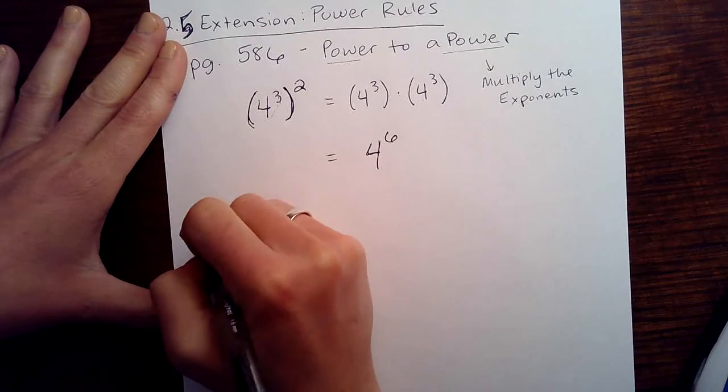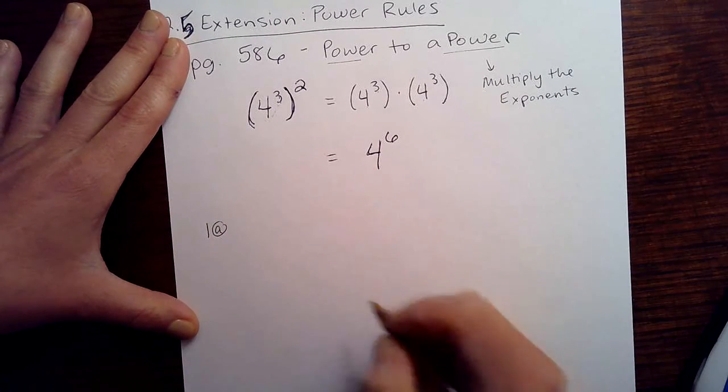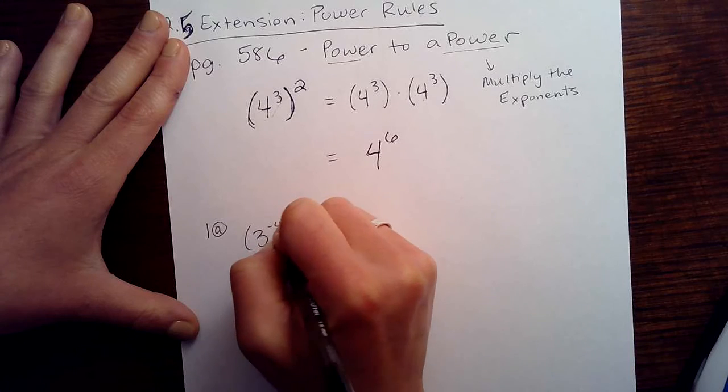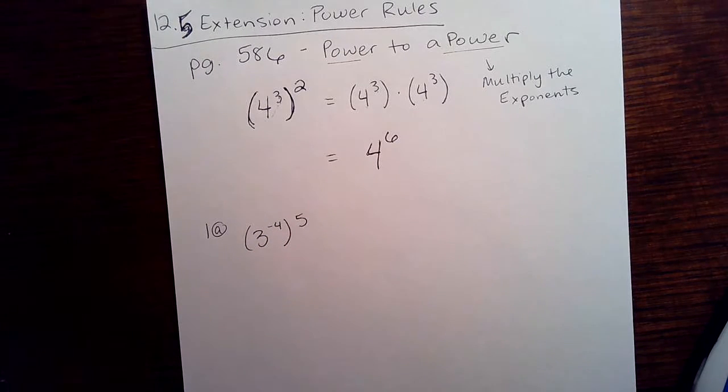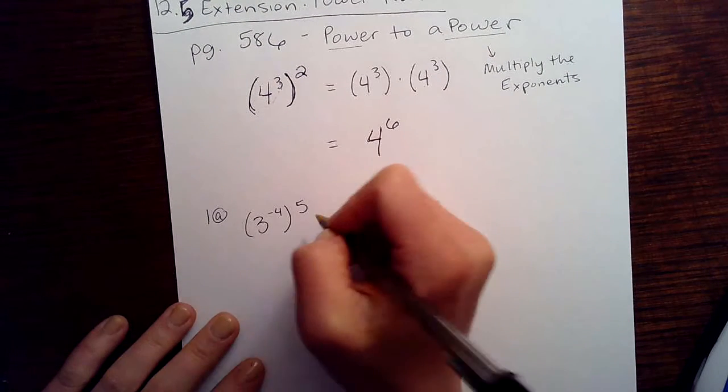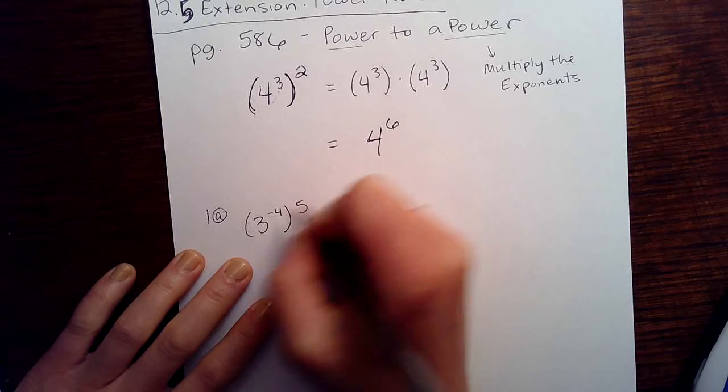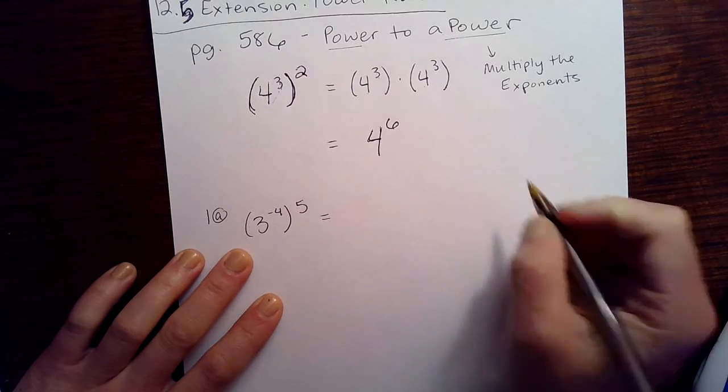So let's look at a couple examples. This is example 1a, 3 to the negative fourth. Oh, look at that, application of a negative exponent to the 5th power. We said we multiply the exponents, which means we take negative 4 times 5.